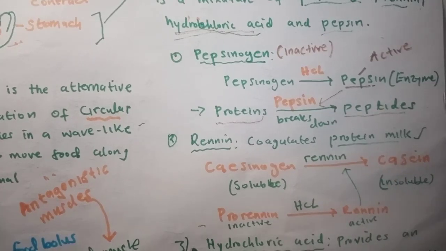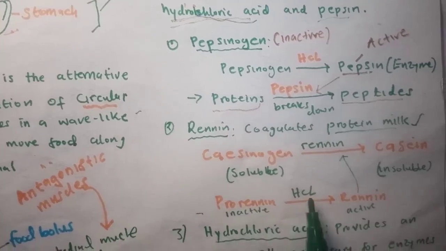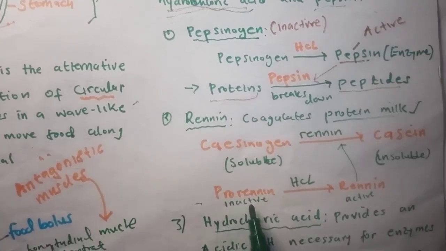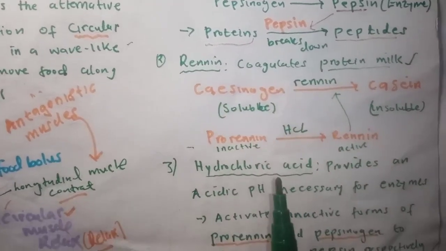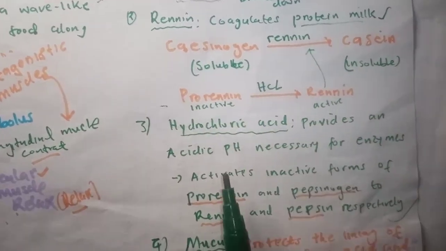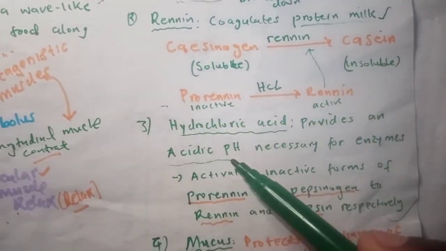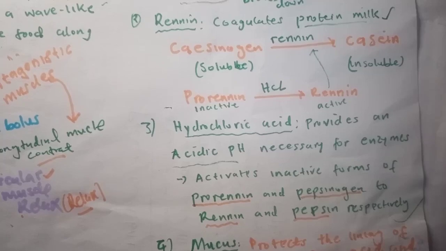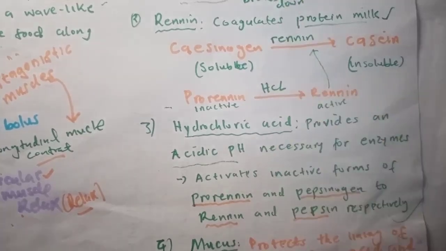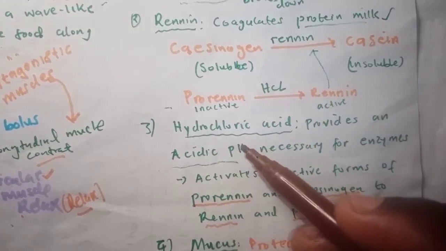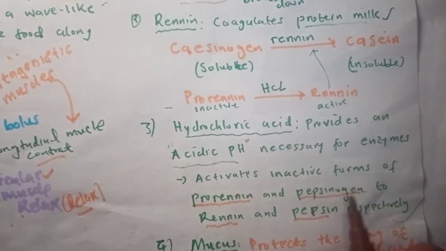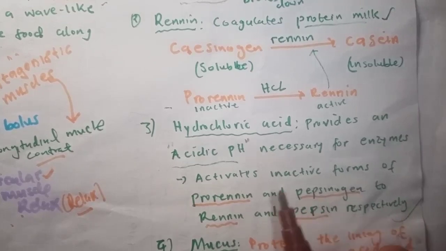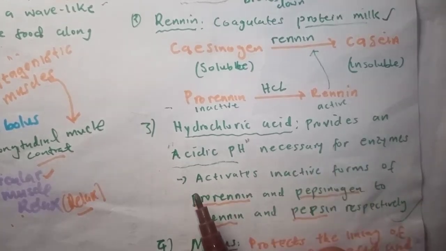So again, hydrochloric acid converts the inactive form, prorenin, into the active form called what? Renin. Another function of hydrochloric acid is that it provides an acidic pH. The enzymes we've talked about, pepsin and renin, require an acid pH. Remember when we discussed enzymes, you can go back to our previous videos: enzymes are affected by pH.